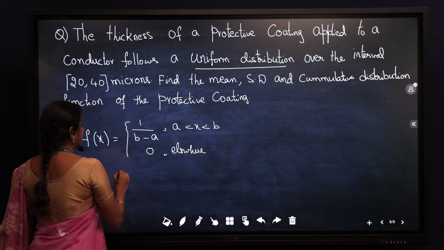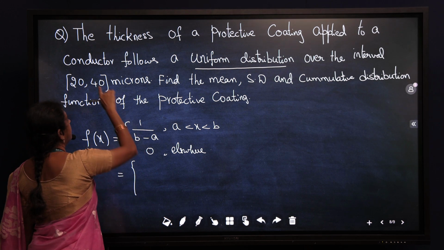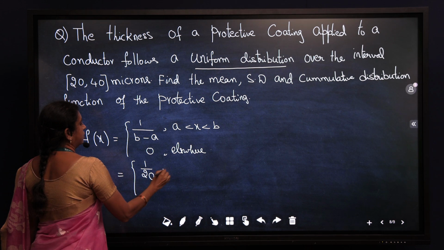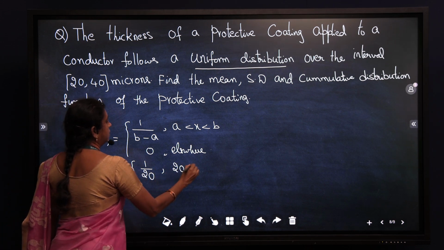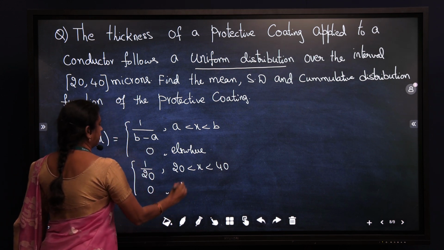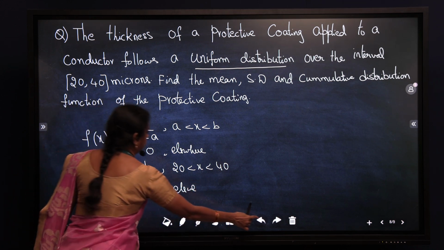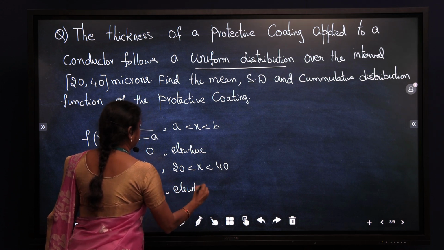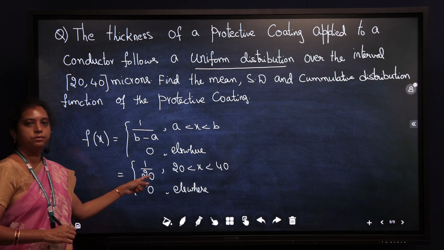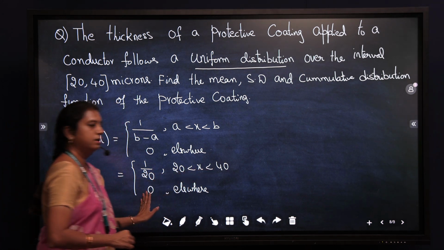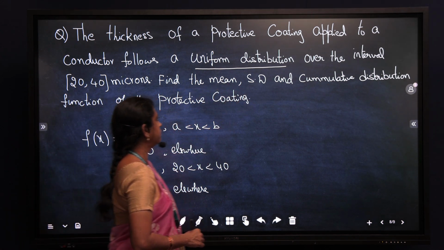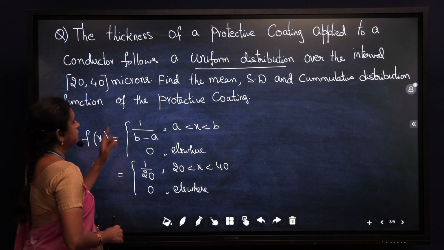So the function here will be 1 by 40 minus 20, so 1 by 20 between the interval 20 less than x less than 40 and 0 elsewhere. Now from this we have to find the mean, standard deviation and cumulative distribution. So first we'll find out the mean.